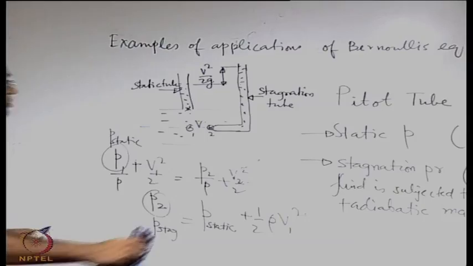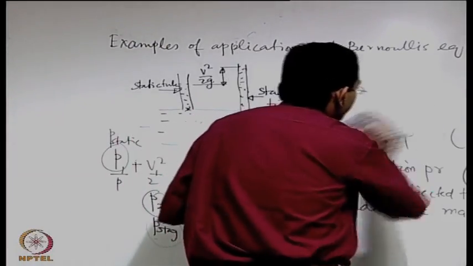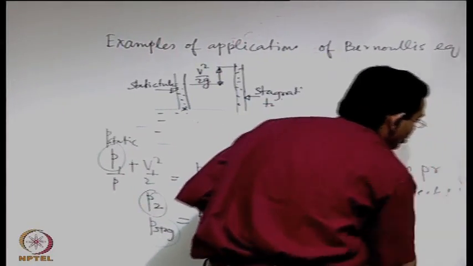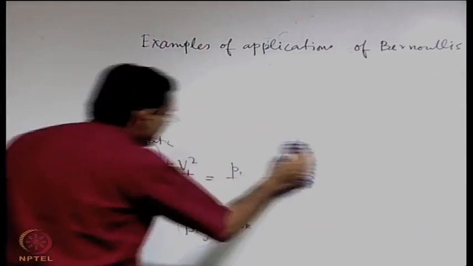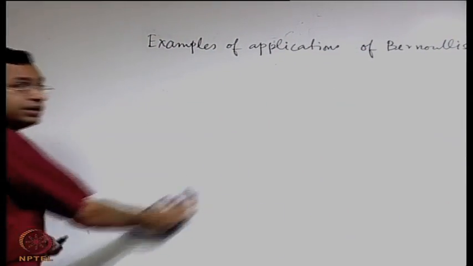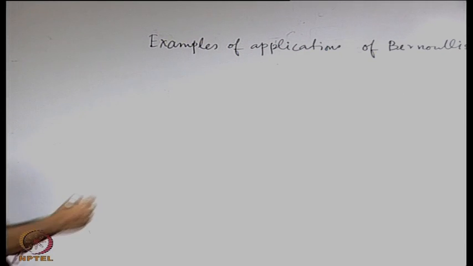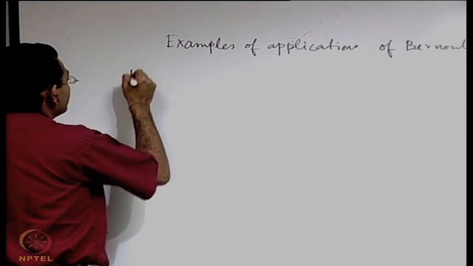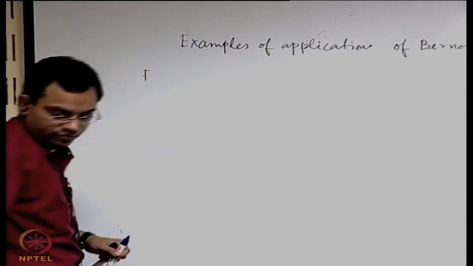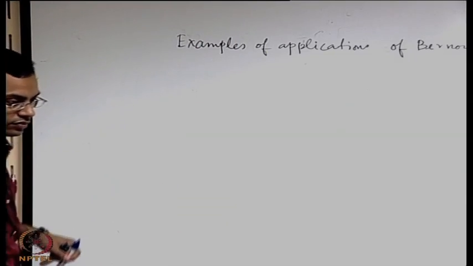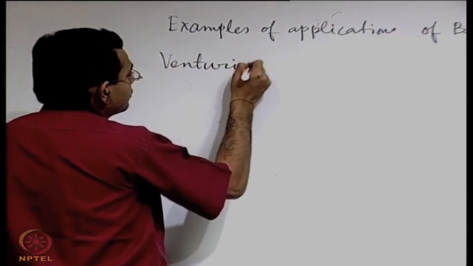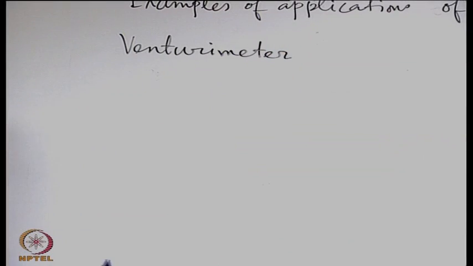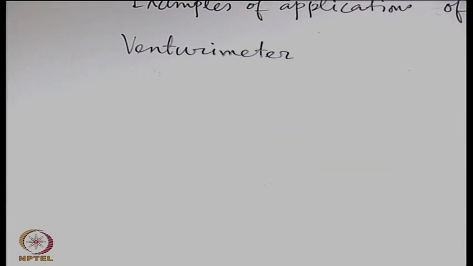Okay. Now the next we will discuss one or two important flow measuring devices, and the first device that we will discuss is known as a Venturi meter. So what is a Venturi meter?